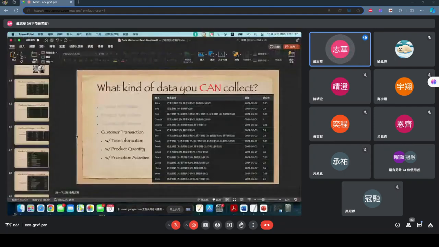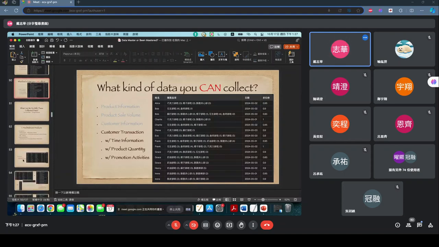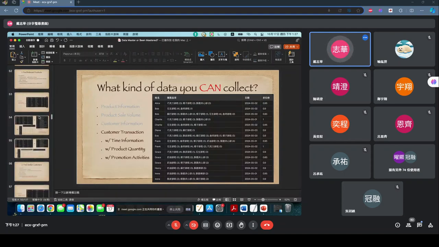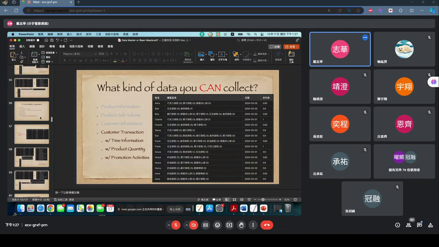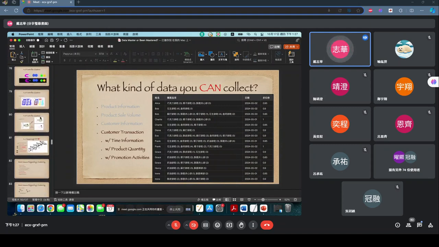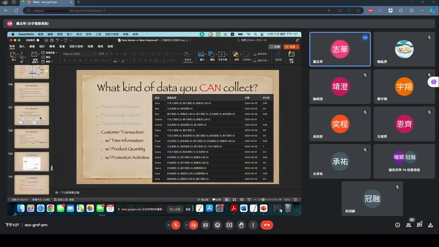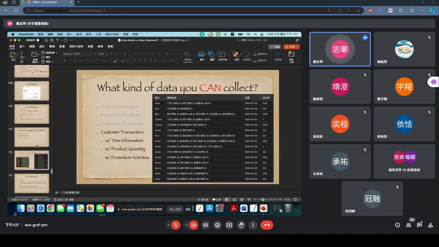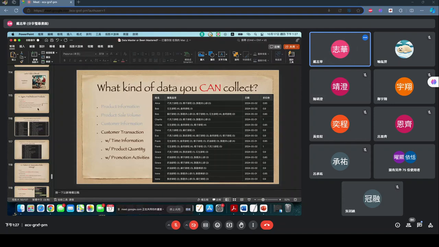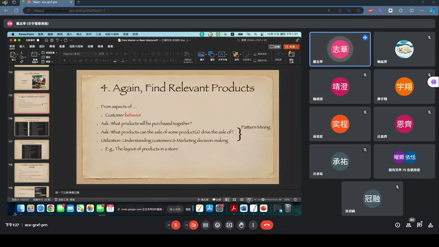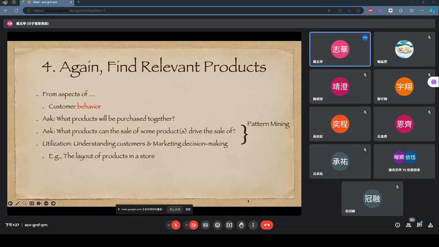So we have introduced that we could use those data to do clustering and classification. And based on those techniques, we could further develop recommendation techniques. And today we want to introduce the third very common mining task.